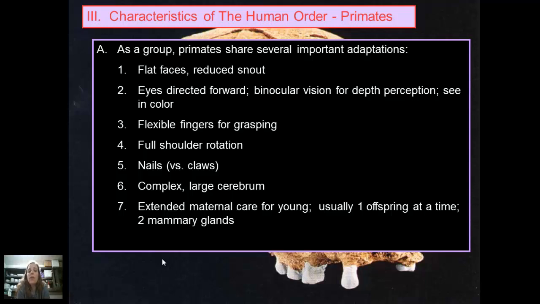Extended maternal care varies by primate. Some primates, it's a year, it's a few years. For humans, we have very extended maternal care. There isn't any other known species that will care for their young as long as humans do. There are some that come close, but none that care for their young as long as humans.